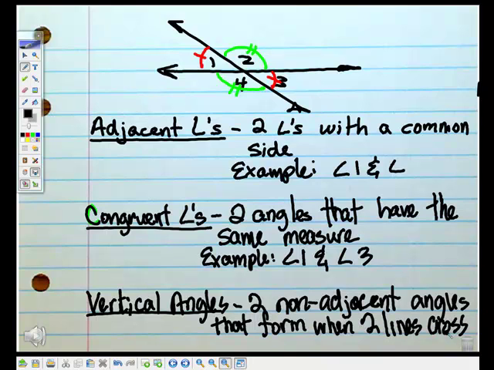And the special thing about vertical angles is they are always going to be congruent. It got a little crowded down there at the bottom to write in that they're always going to be congruent. But with that done, that should conclude our video notes for today, and we will see you on Monday.